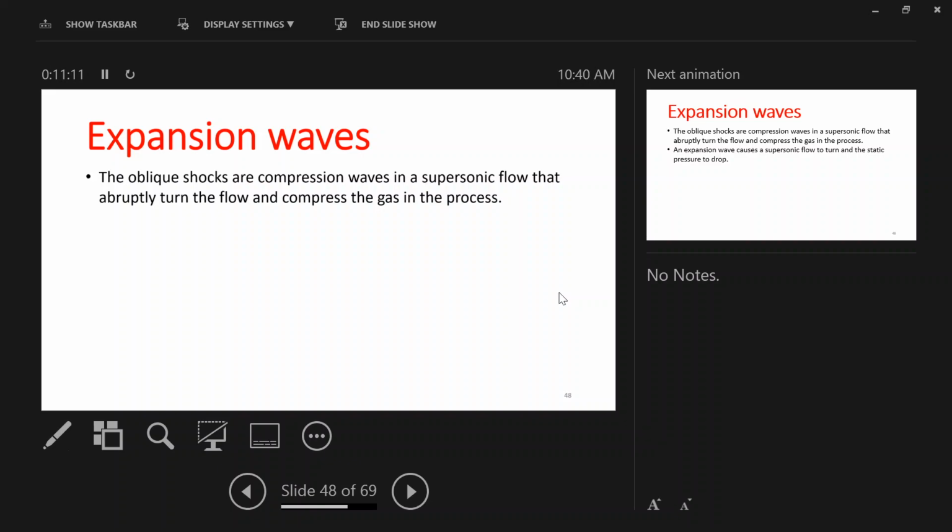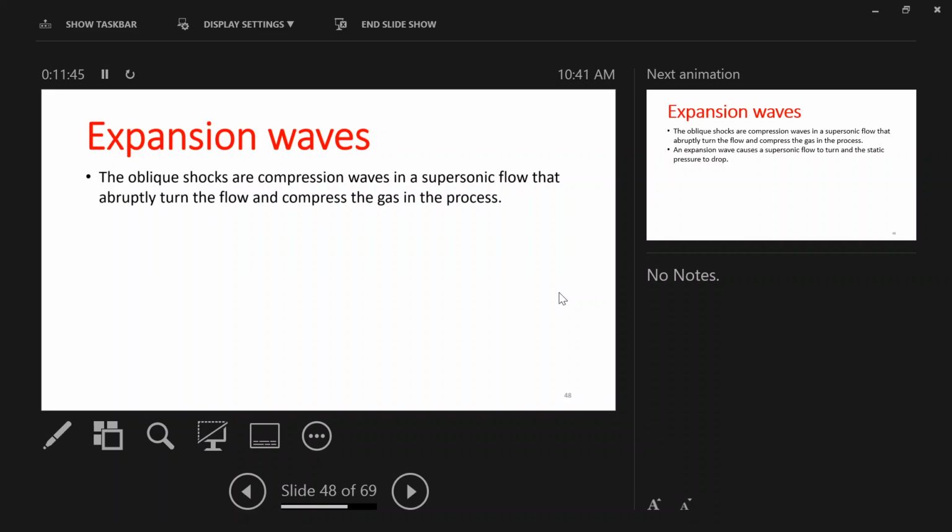What's going to happen to the flow properties when you're dealing with an oblique shock wave, like pressure? Increase. What's going to happen to Mach number? Decrease, right? That's the idea of an oblique shock wave. That's the adjustment you need to make for the wing to see the flow.